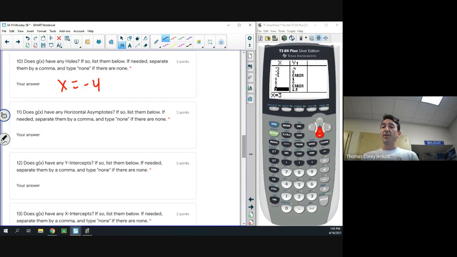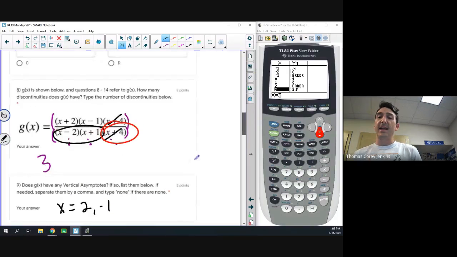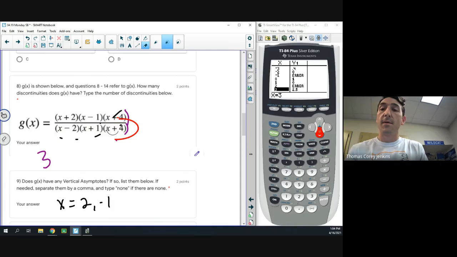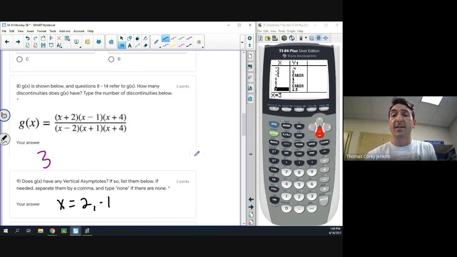lead coefficient over lead coefficient. All right, so really what I did here is I didn't take the time to actually multiply them out. But what I did look at were all my coefficients of x, right? So 1x, 1x, 1x, right? When I get done multiplying, I know my lead term is going to be 1x cubed.